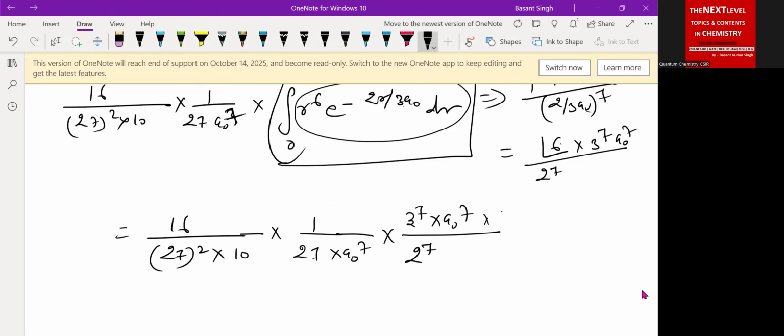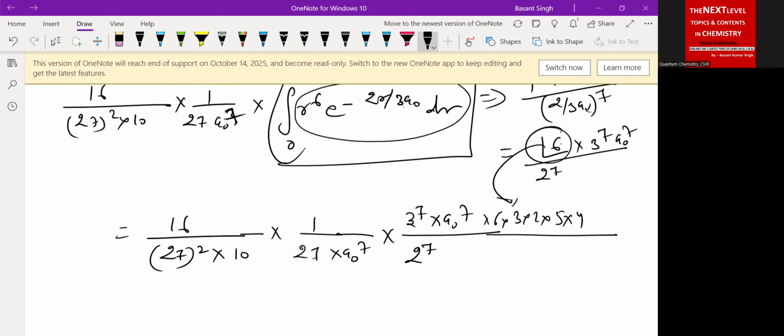This is equal to 6, 3, 2, 6, 3, 2, 5 also, 4 also and 2, 6, 4, 5 and 3, 2. Okay, this is factorial 6.